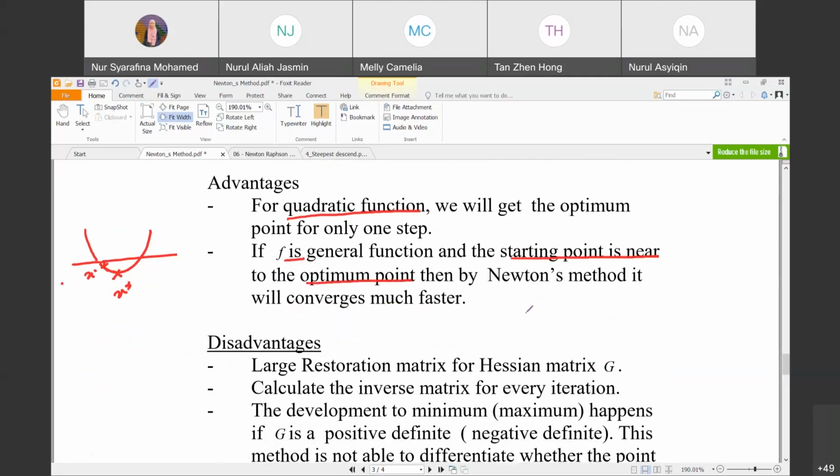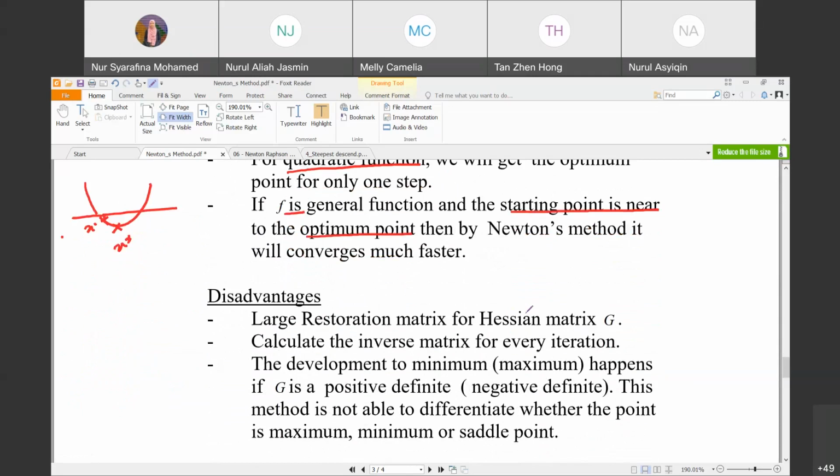Another disadvantage here: let's say the function is not quadratic. For each iteration, you need to calculate the Hessian and also the inverse Hessian. The move to a minimum or maximum happens if G is positive definite.